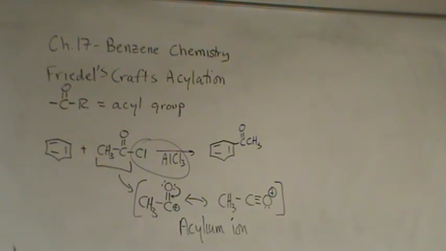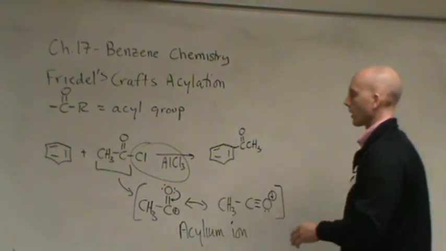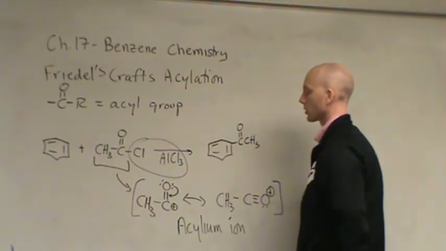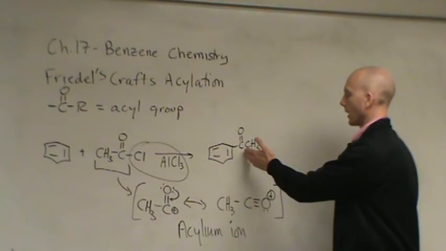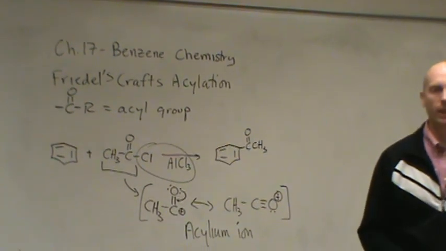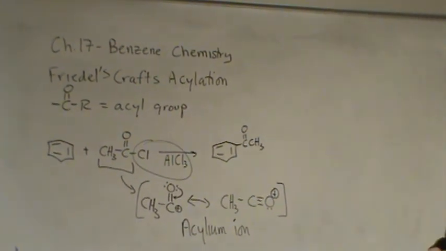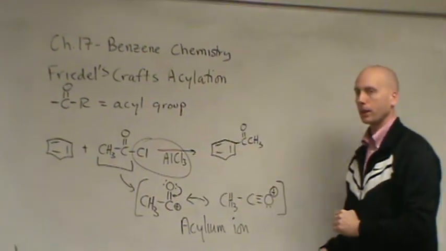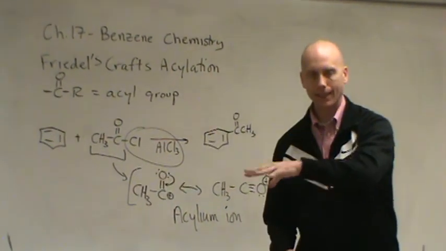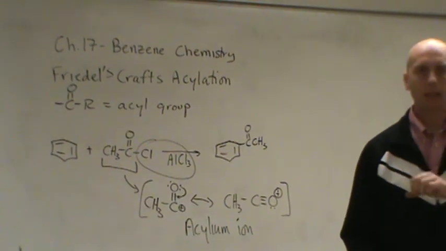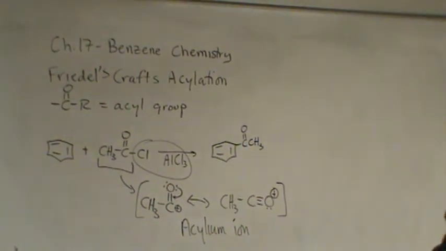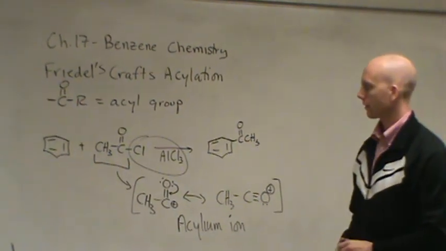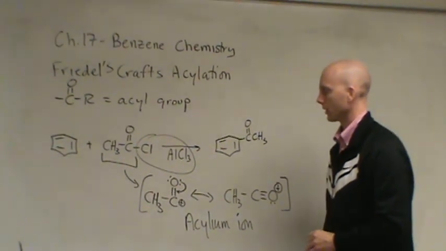So here, the benzene ring would attack the positive charge on the carbonyl, and that's how it gets added on. So what kind of group are we putting on? The one with the carbonyl, which is what? A deactivator, and it's also what? A meta-director. So this is how to put on things such as this.